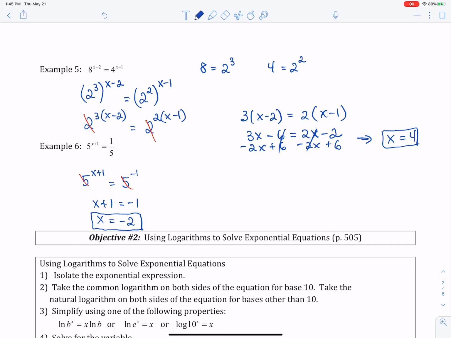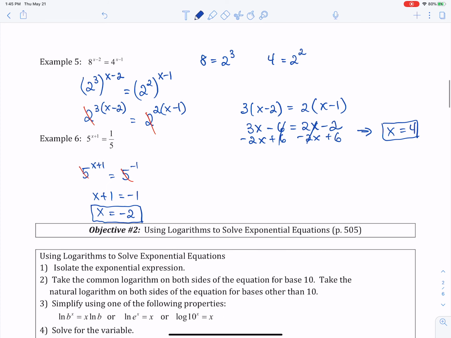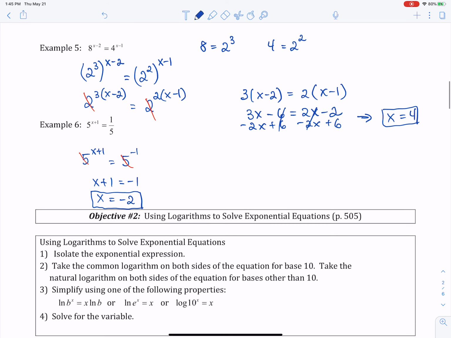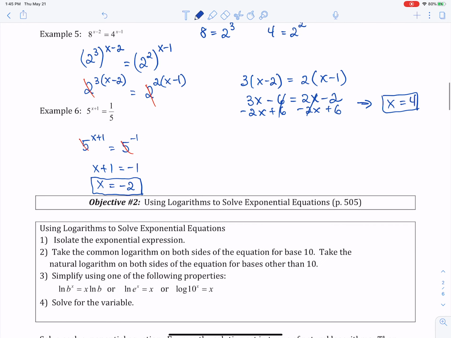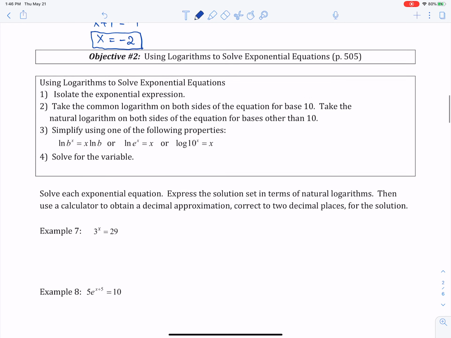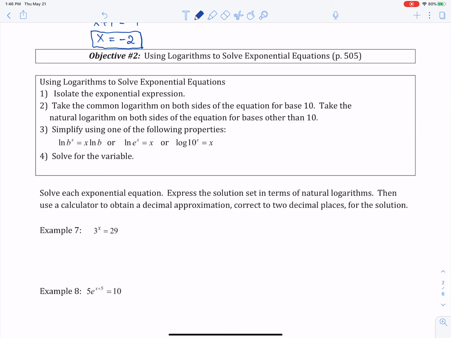So solving exponential equations when the bases are similar is extremely easy. However, not all problems are like that. In some exponential equations, one side cannot be written as a power of the same base as the other side. There's no way to make 29 any power of 3. So what we do in this case is follow these steps.